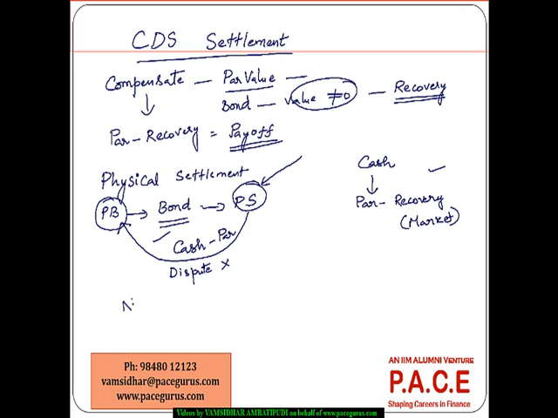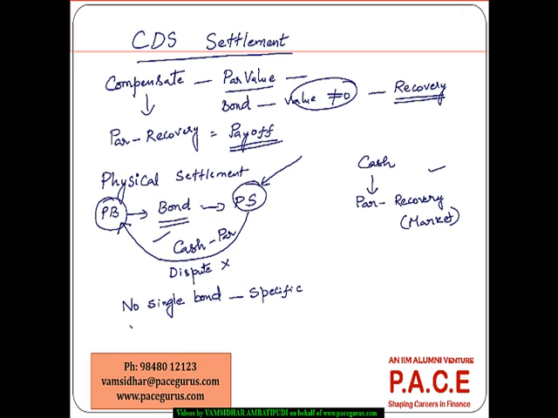So we don't need to specify any single bond. Right? What we are simply saying is, let's assume a credit event has occurred. It is not specific to one single security. So which means no specific bond needs to be delivered.